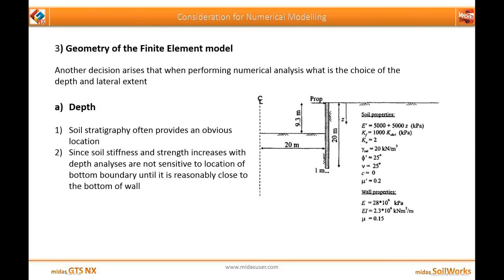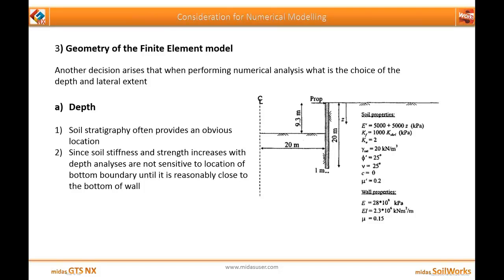Now next is the geometry of the finite element model. The next decision is, when performing numerical analysis, what choice of depth and lateral extent one should consider for the model. First, talking about depth. Soil stratigraphy often provides an obvious location for the depth, for example some hard or stiff rock at the lower layer.